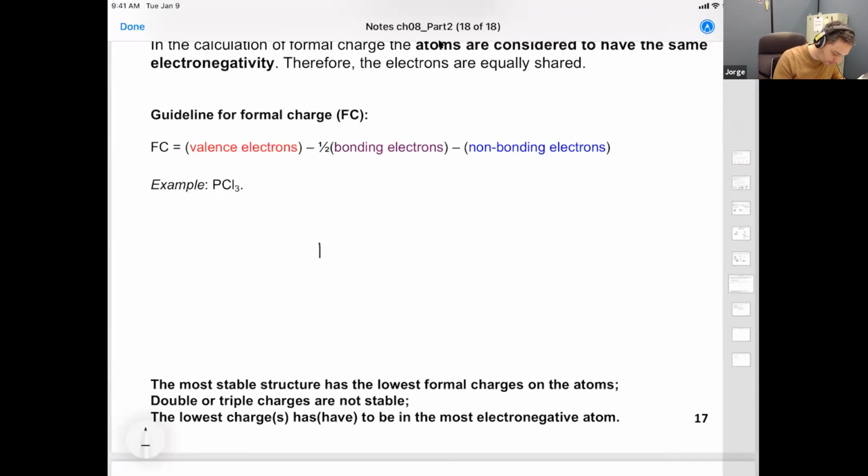PCl3 has phosphorus in the center, bonded to 3 chlorines. The chlorines have 3 non-bonding pairs of electrons each. And then to fill up the octet of phosphorus, we have 1 non-bonding pair for the phosphorus.